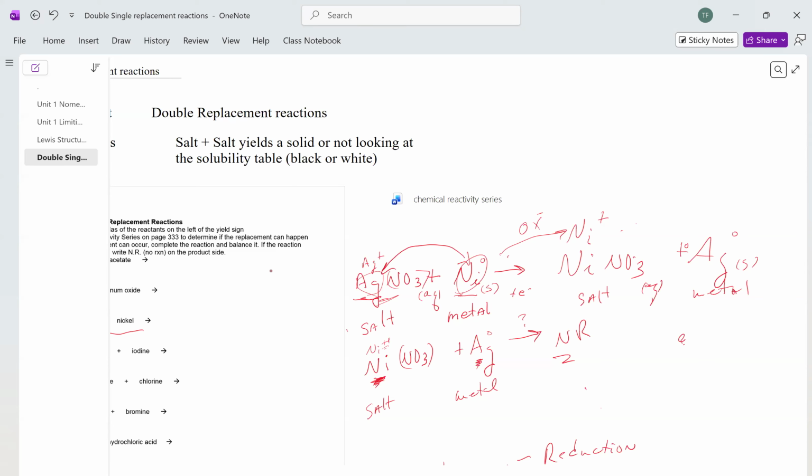Students find double replacement easier than single replacement. Once you understand the concept of whether this reaction happens, it's very straightforward. But until you understand that concept, remember: if the metal is above the salt metal, it happens. If it's below it, it won't happen.